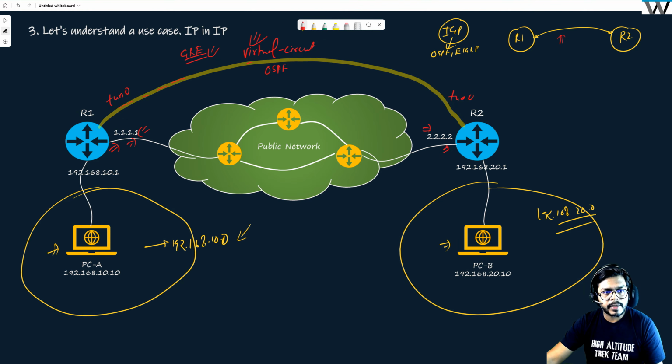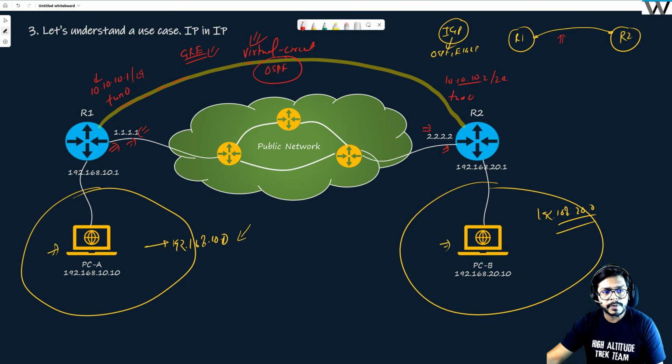And I can specify the IP address here. Maybe now you can specify IP address 10.10.10.1 and here 10.10.10.2. And believe me, if you ping from 10.10.10.1 to 10.10.10.2, it is going to ping. And these are part of the same subnet. And if the tunnel is part of the same subnet, you can run OSPF.